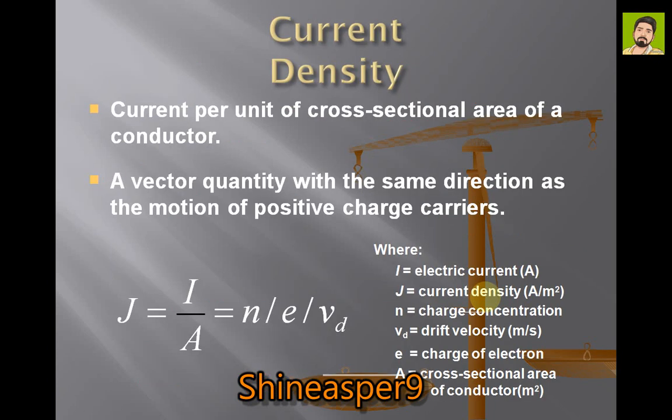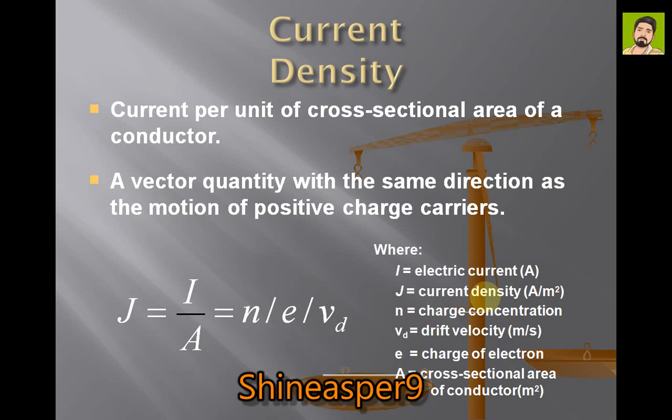Current density. Current per unit of cross-sectional area of a conductor, a vector quantity with the same direction as the motion of positive charge carriers. What is density? Density means the charge particles are gathered together.